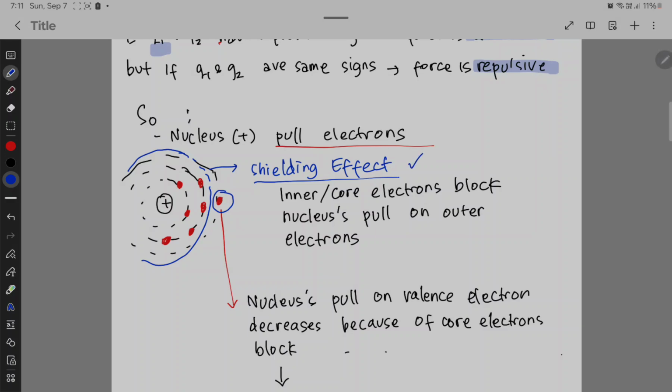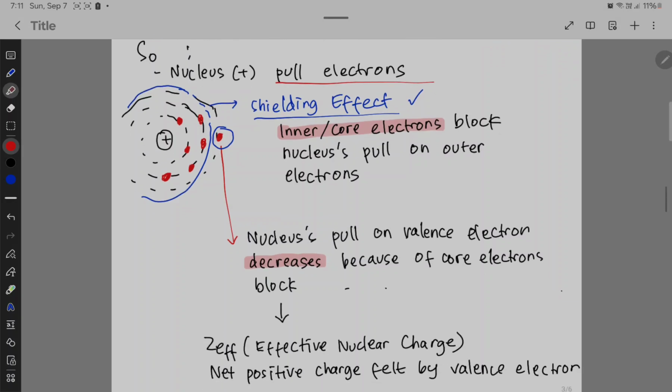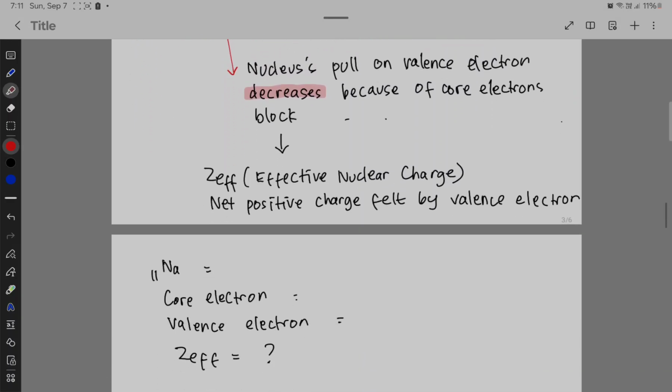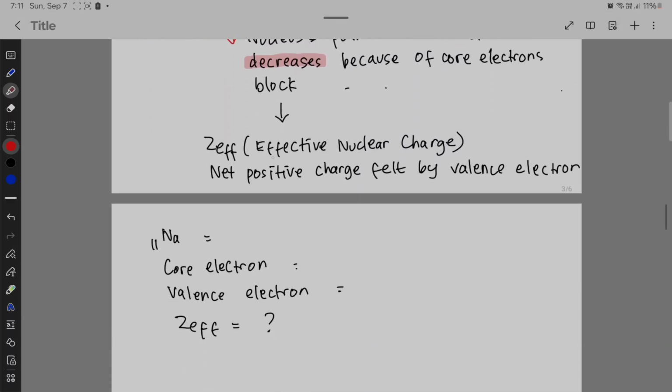What does it mean? It means inner core electrons block the nucleus's pull on outer electrons. So the nucleus's pull on the valence electron decreases because of the core electrons blocking. To describe this shielding effect, we have Zeff, the effective nuclear charge.